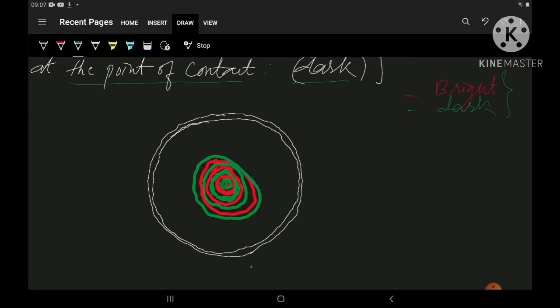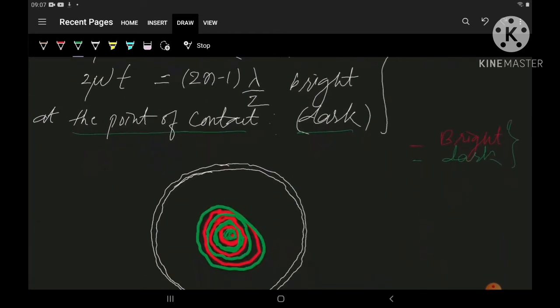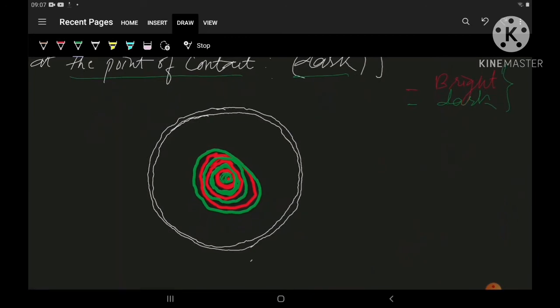It means that as we change the thickness of the film, the conditions of dark and bright circles vary. So in the entire film we will find alternate bright and dark circles, and these alternate bright and dark circles are known as Newton's rings.